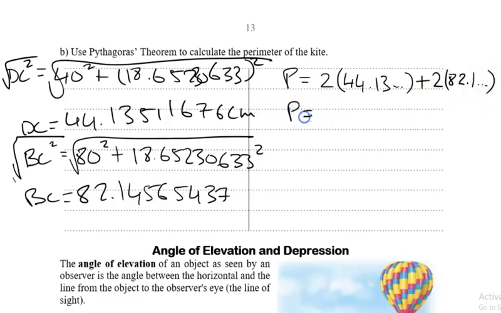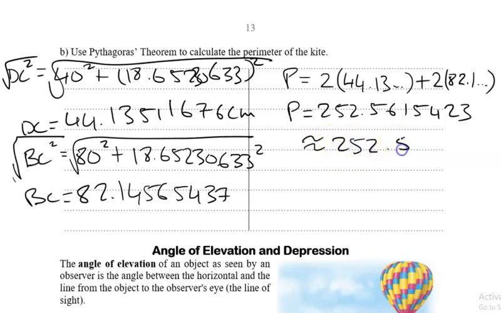So when you pop this in the calculator, the perimeter is going to equal 252.5615423. Round this to 2 decimal places, and that is going to give us 252.56 centimeters.